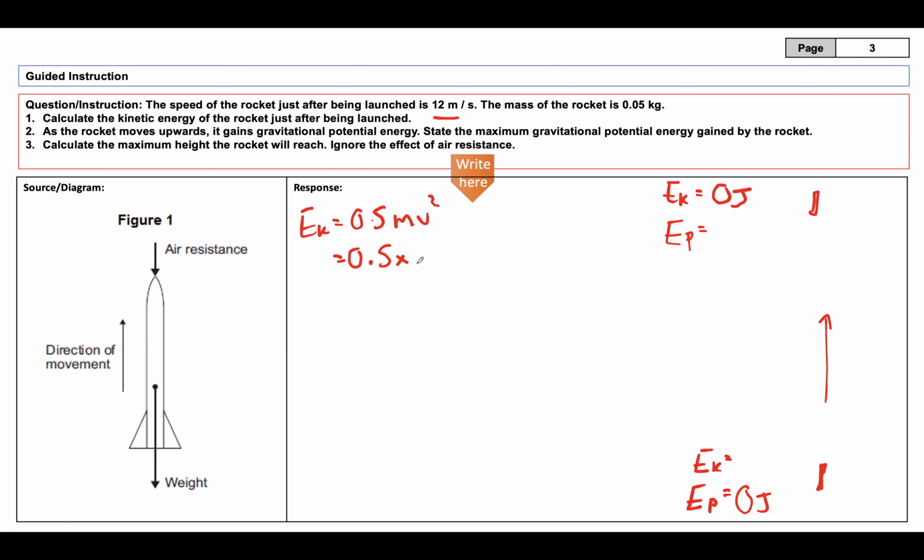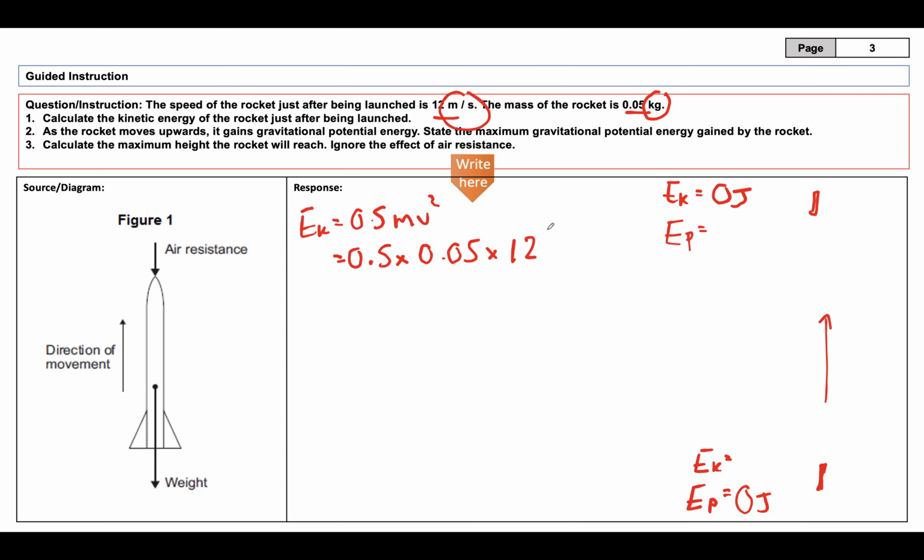So 0.5 times 0.05, which was our mass from up here. You're going to know it's a mass because it's a kilogram. You're going to know it's a velocity or a speed because it's meters per second. If it's in a different unit, if it's grams or if it's tons, you will need to do a conversion. But this one doesn't ask us to do that.